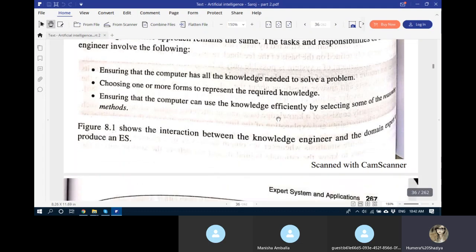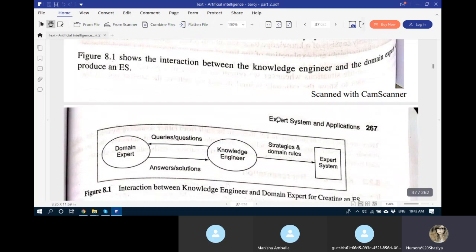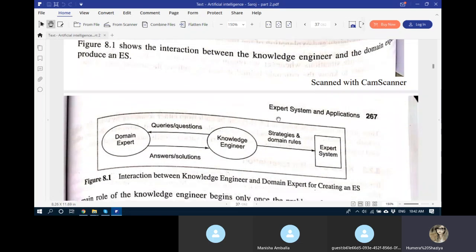Okay, now this is the figure that shows the interaction between the knowledge engineer and the domain expert. For instance, if you are developing a cardiology computer program, an expert system in cardiology, then the domain expert will be a cardiologist.